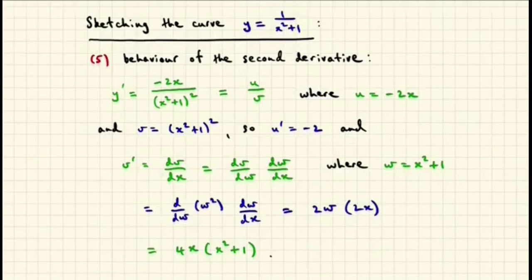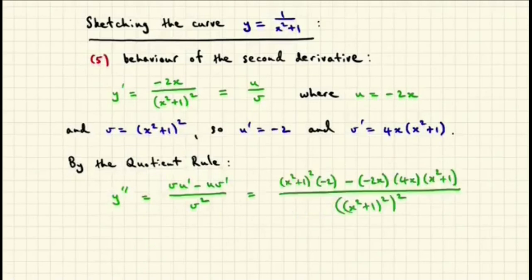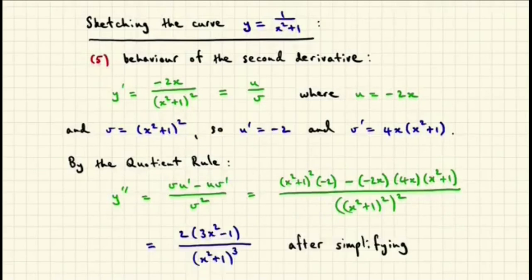We now have all the ingredients for the quotient rule, and inserting all the pieces gives this complicated looking expression, which simplifies after some effort to the rational function 2 times 3x squared minus 1 divided by x squared plus 1 cubed.